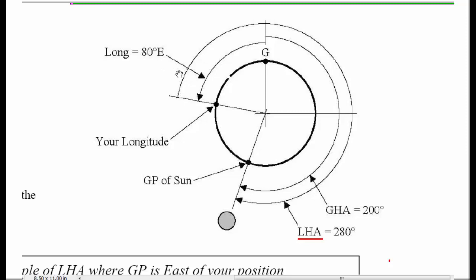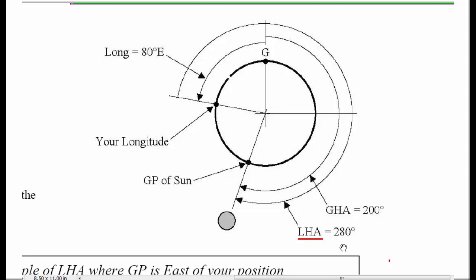So follow this around from our position all around westerly is 280 degrees LHA. Well, you look at the sketch and you can see 200 GHA and 80 degrees for our longitude. So 80 plus 200 is 280, and that's LHA, west of us. That simply illustrates LHA and what LHA is.